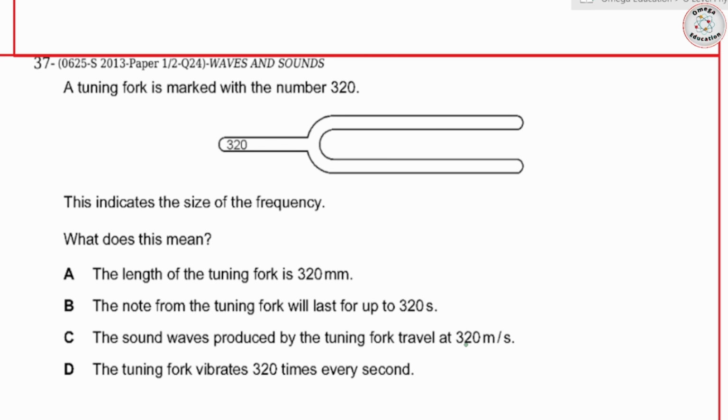Nope. The tuning fork vibrates 320 times every second. That's it. D gets the last laugh. 320 vibrations per second, and this is how we define frequency as number of vibrations per second.